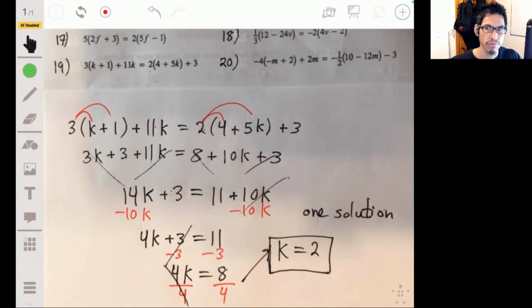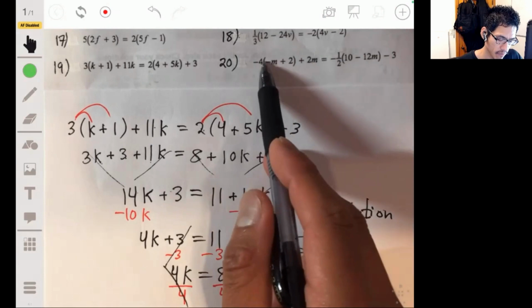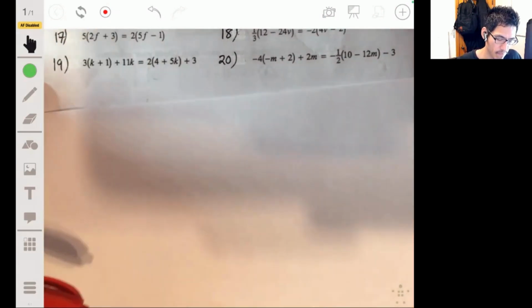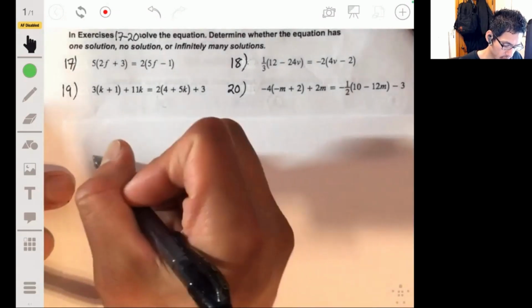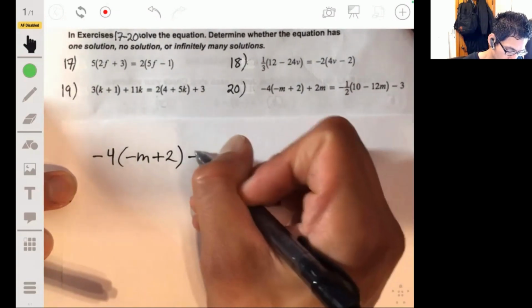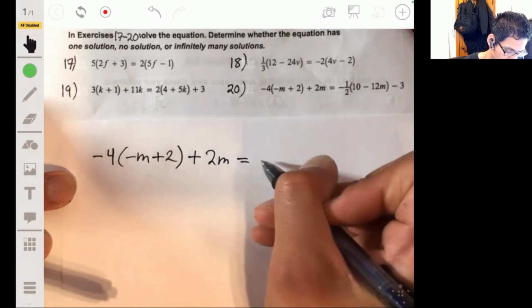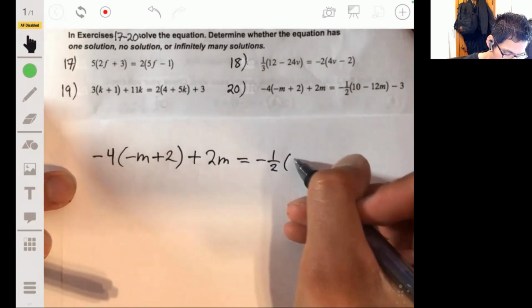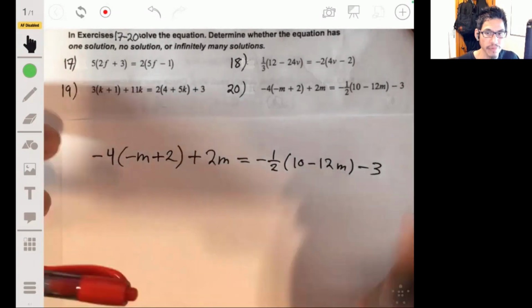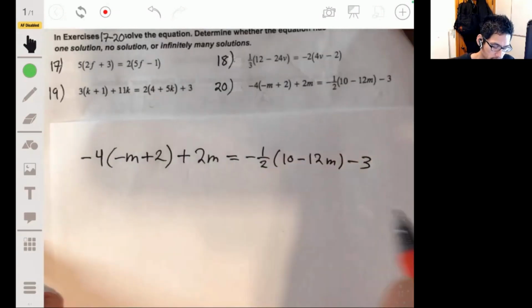Yeah, pretty cool. All right, one more of these. -4 times (-m plus 2) plus 2m equals negative 1/2 times (10 minus 12m minus 3). All right, distribution action.